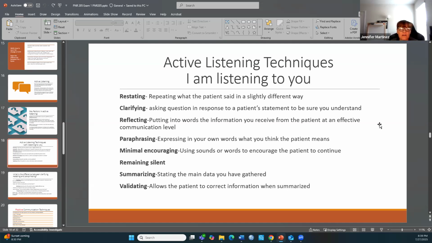And this is something a lot of us, I know I do, have to work on: just knowing that silence is okay.